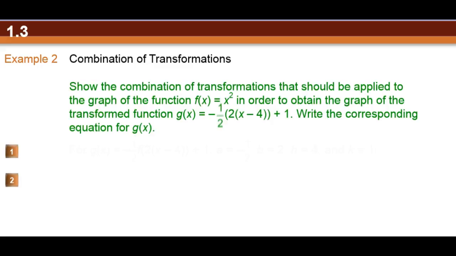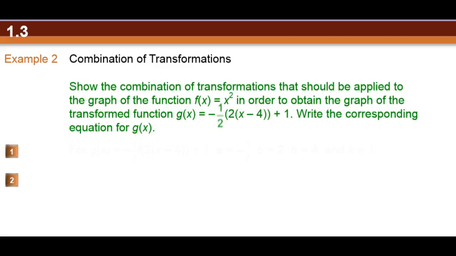Now we have a minus 4. So that is a horizontal translation of 4 to the right.